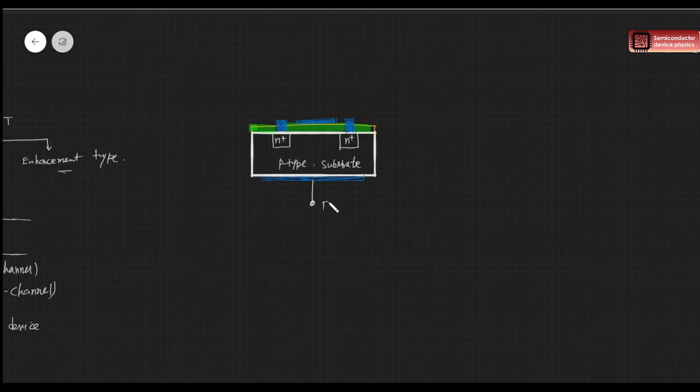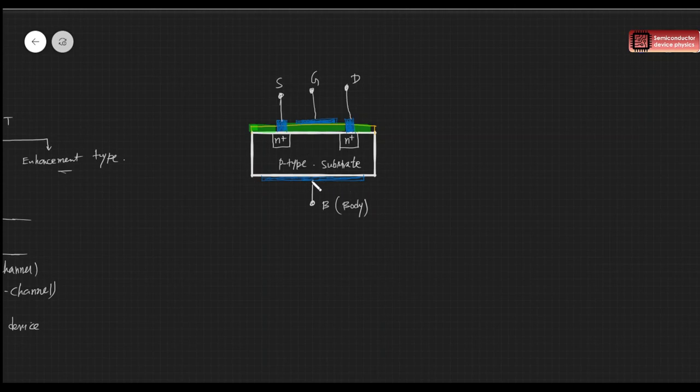This is known as the body, or we simply denote this terminal as B. This is the body of the MOSFET, directly connected to the substrate. And now the other three terminals: we have here our source, then we have a gate, and we have a drain here.